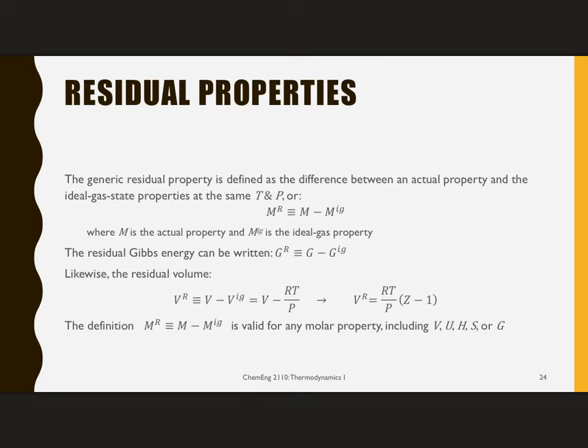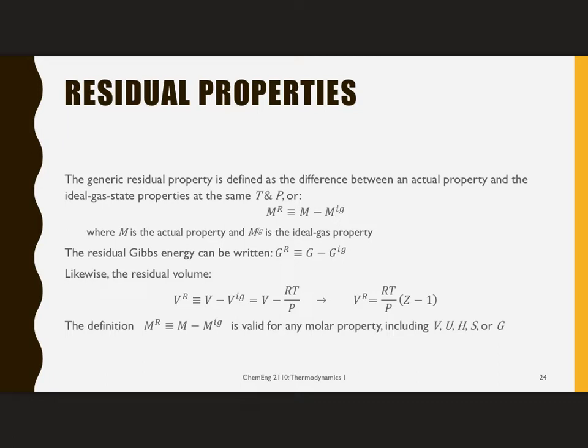The residual M^R, using a superscript, is equal to M minus M at the ideal gas state. So for instance, Gibbs energy, G^R, is equal to G minus G for the ideal gas. Or residual volume is volume minus the ideal gas volume.